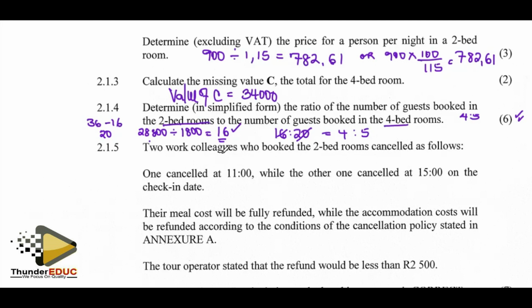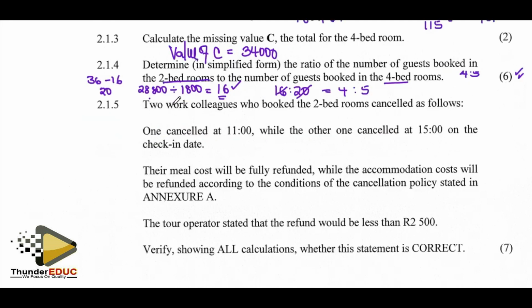Then they say two work colleagues who booked 2 beds cancelled as follows. One cancelled at 11, while the other cancelled at 3.